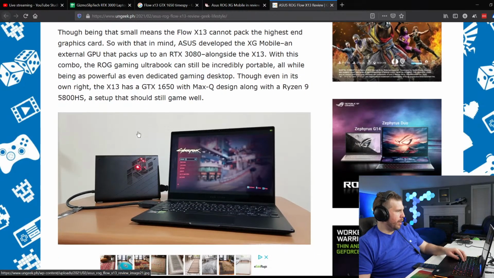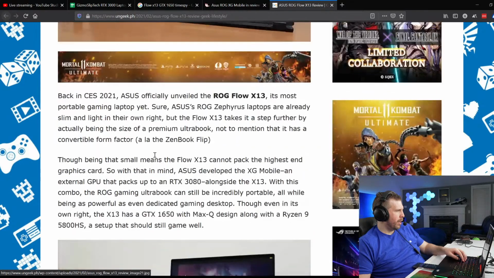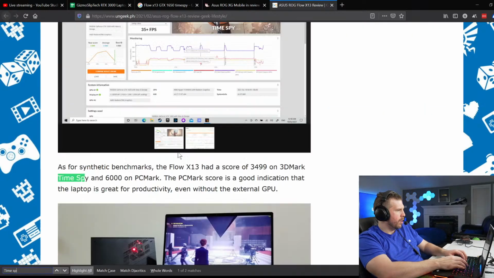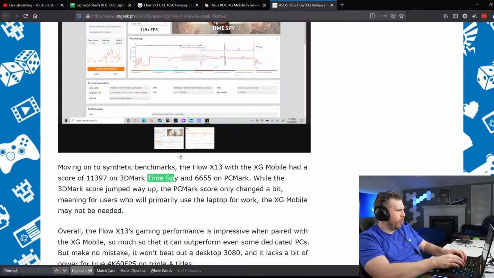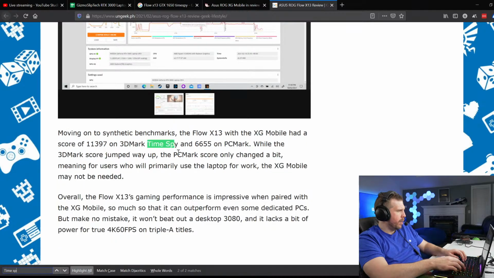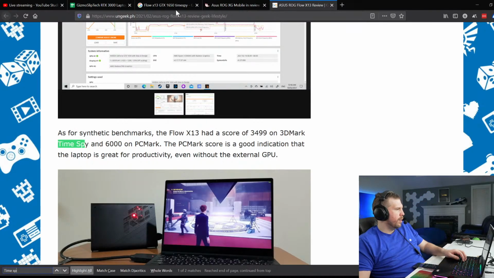There may be more laptops in the future that have it, but, I mean, it says $34.99.